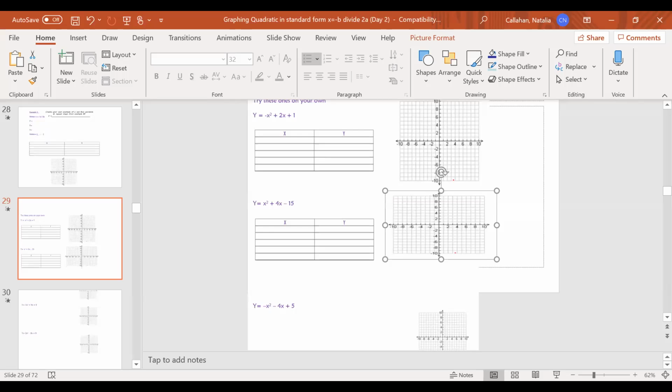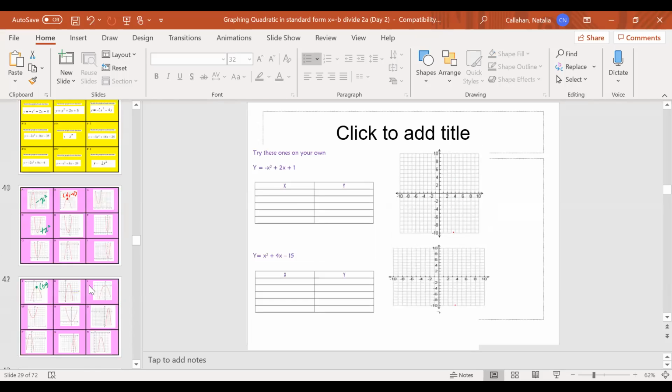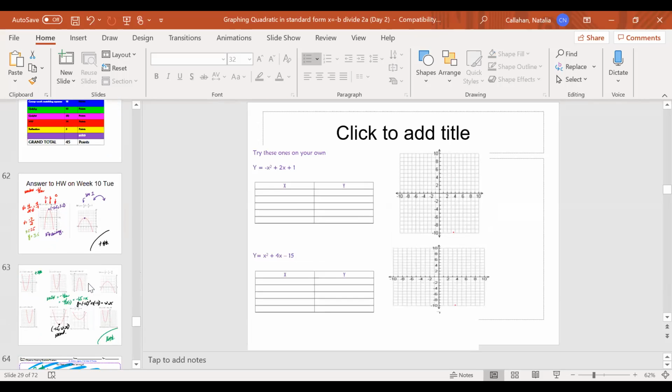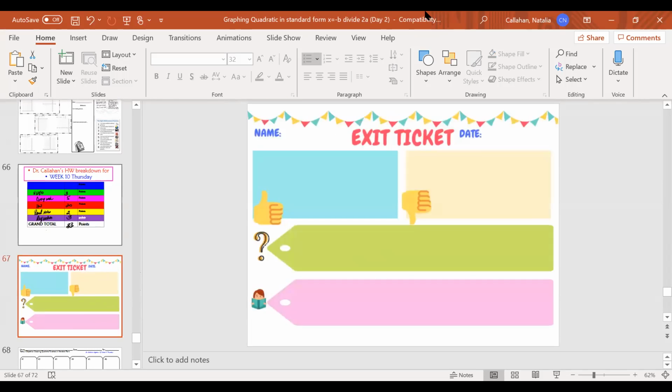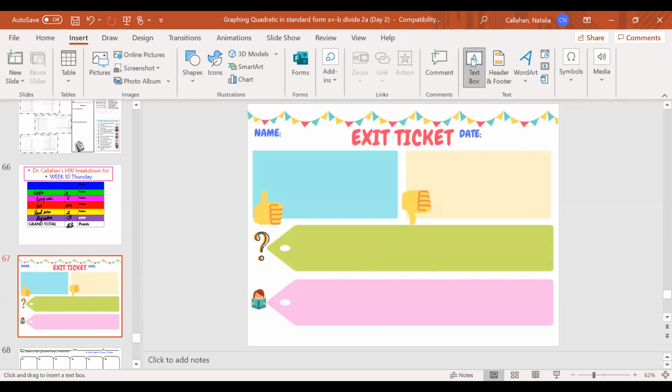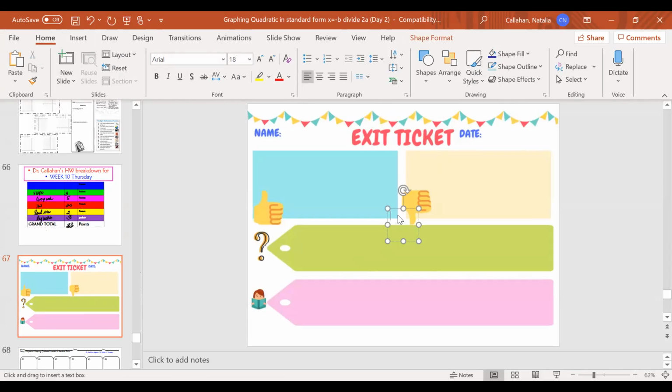So specifically, on a separate piece of paper, what worked well for you today?